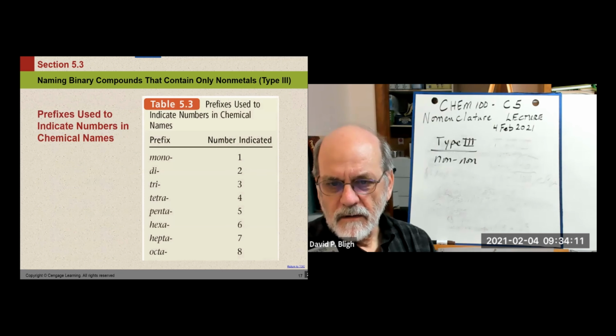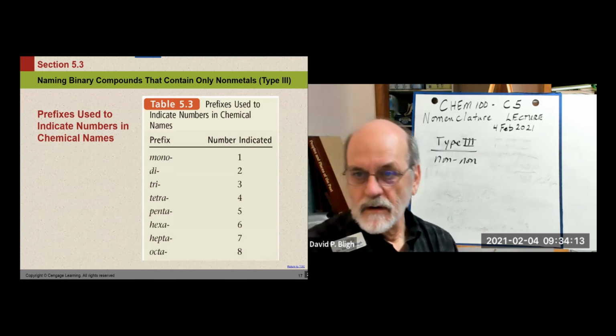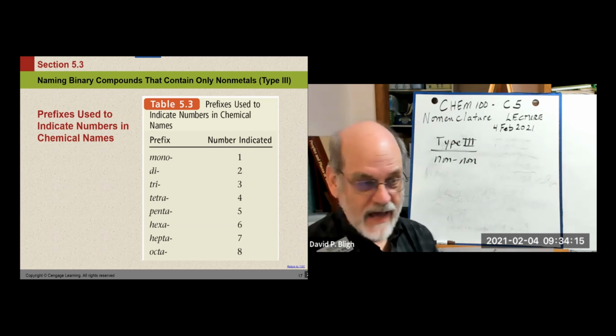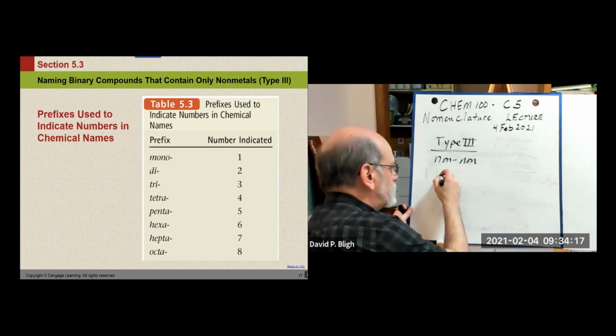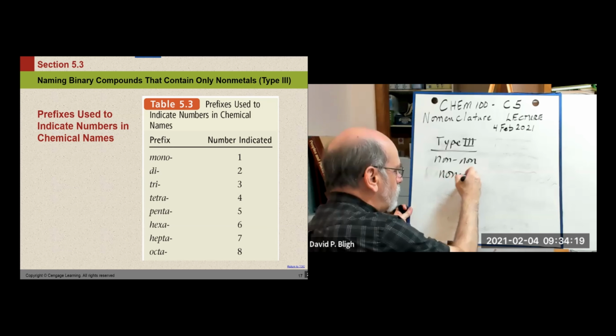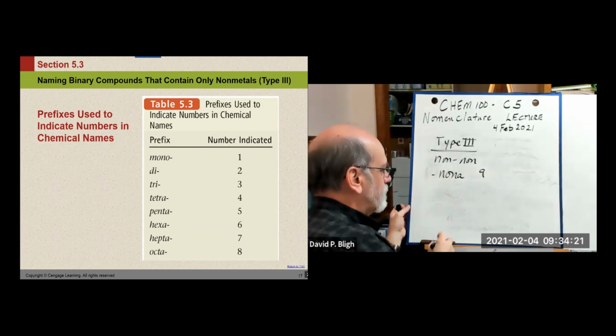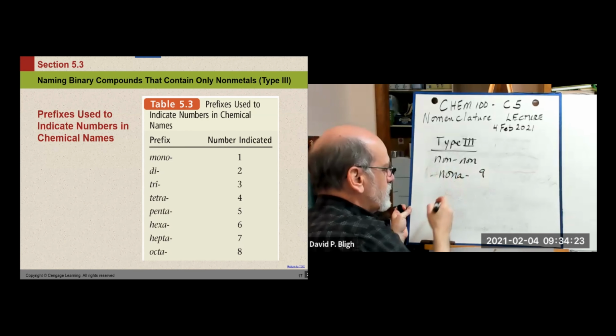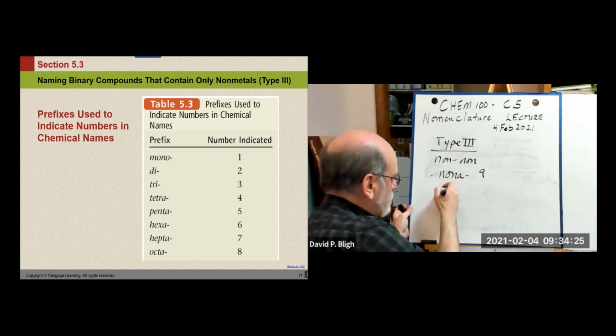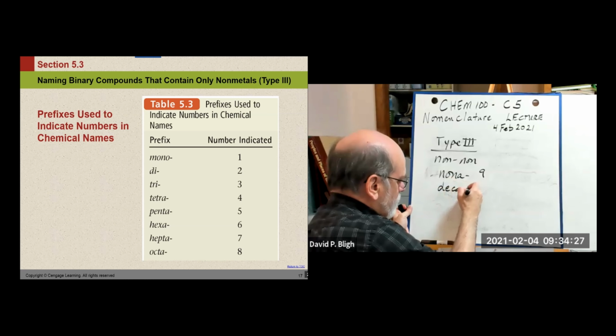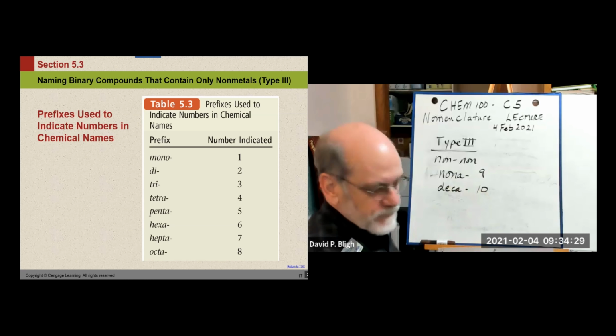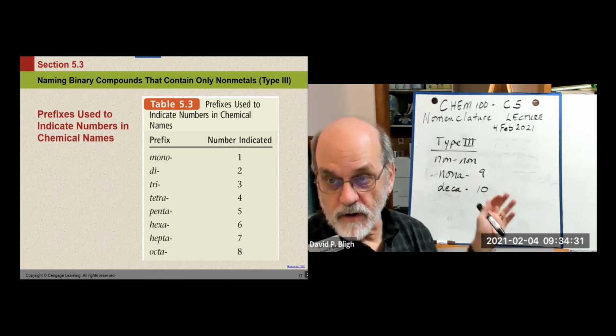No. There are 2 more. Nona is 9. And deca is 10. That's as high as I'm going to go.